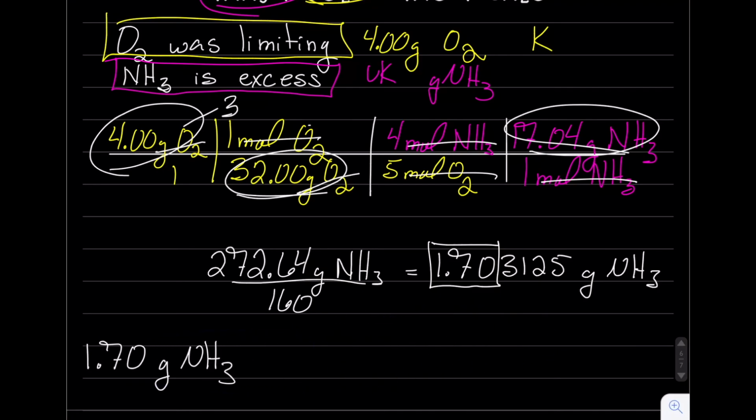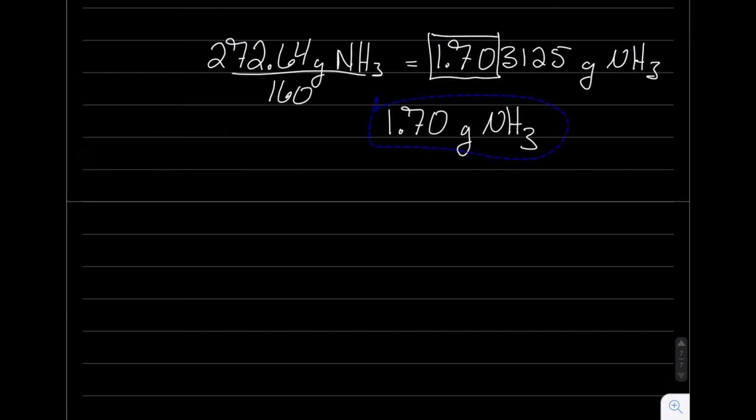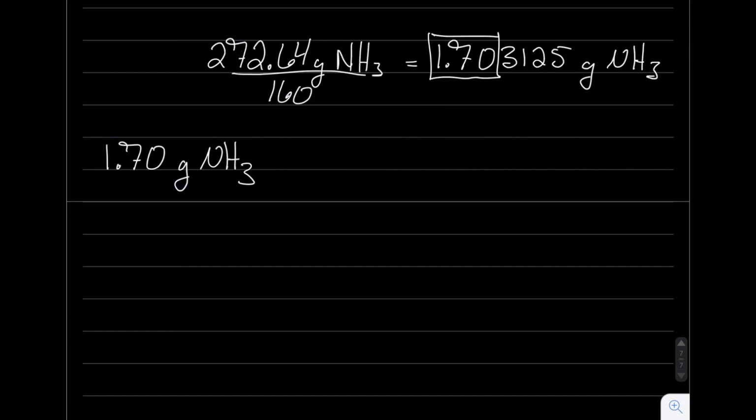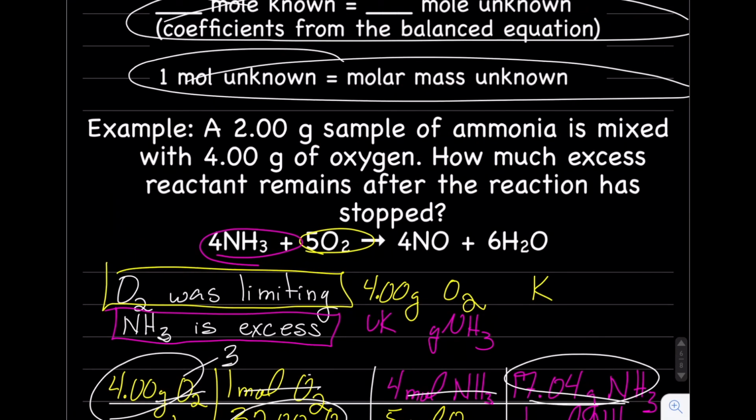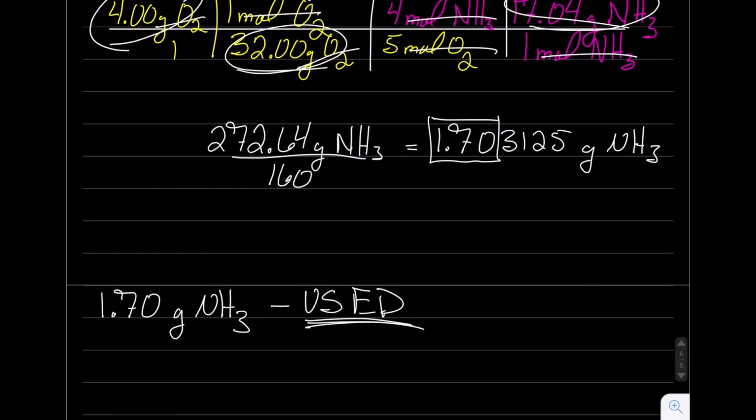So what does that mean? Let me move this a little bit. Give me a little bit more room. Okay, what this means is that we used 1.70 grams of NH3. The question, however, asked us how much remains after the reaction. Okay, so what we're going to do is look at how much we started with. We started with 2.00 grams of NH3.